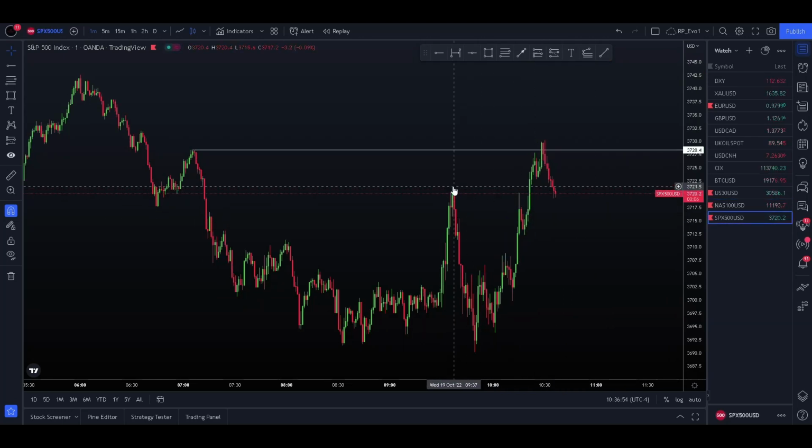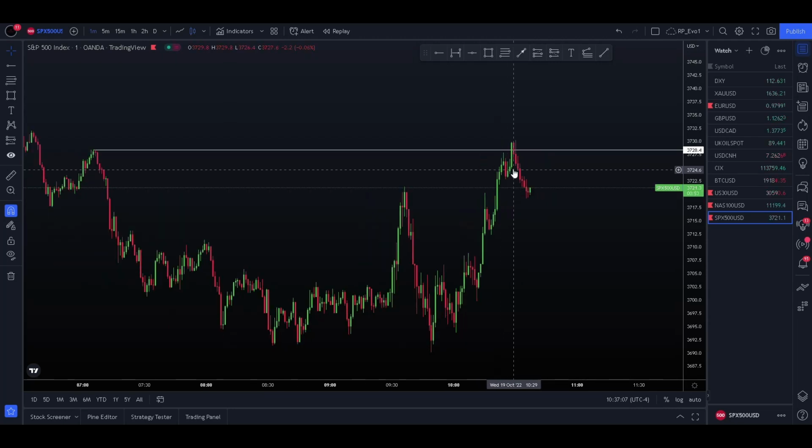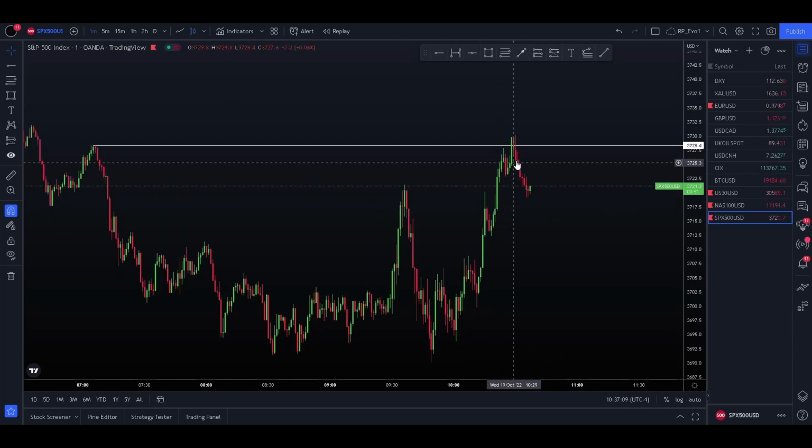It failed even to break this high here. I was waiting for price to just hit that, and I wasn't so sure with this price action, these candles here, but again, like I said, I waited a few minutes, it did break, so okay, once it broke, I just sold short.